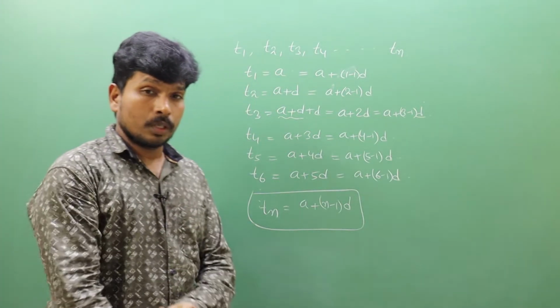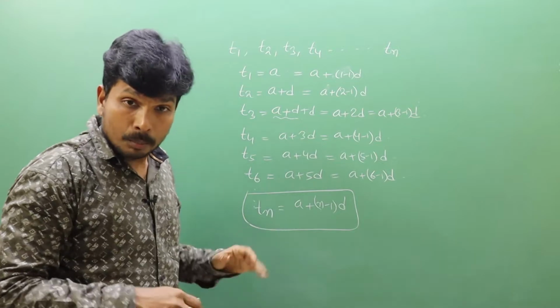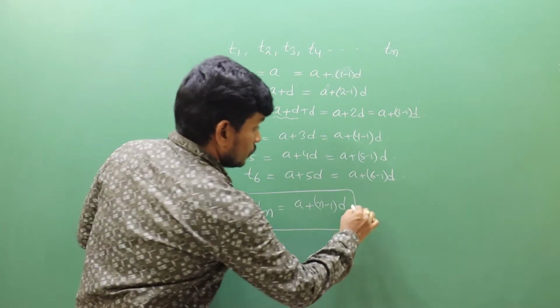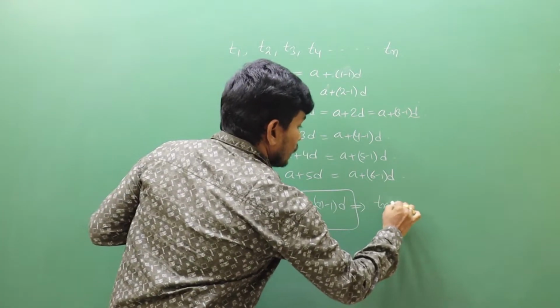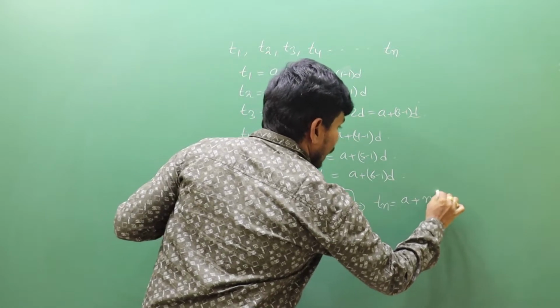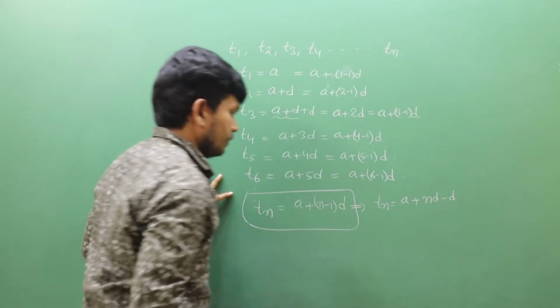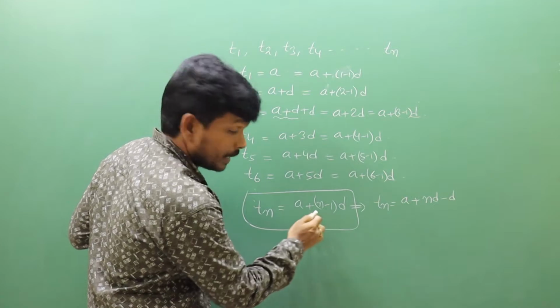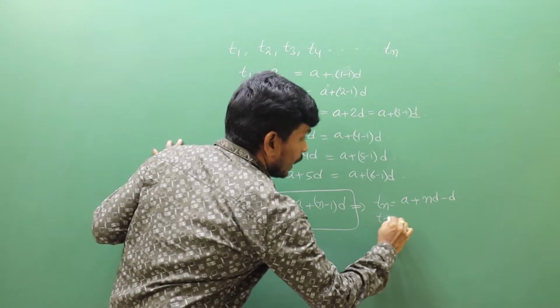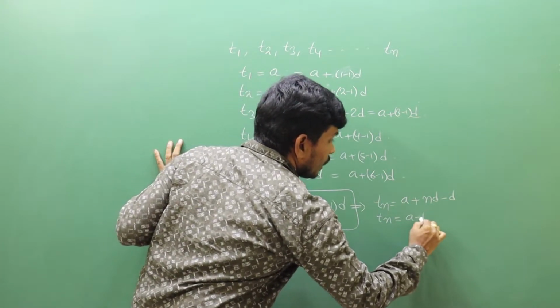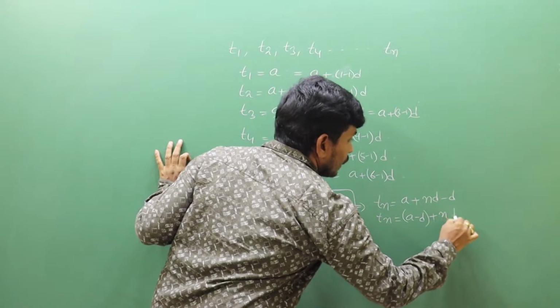One thing you observe: this nth term I am simplifying. Tn is equal to a plus nd minus d. I just distributed it. Tn is equal to a minus d plus nd.